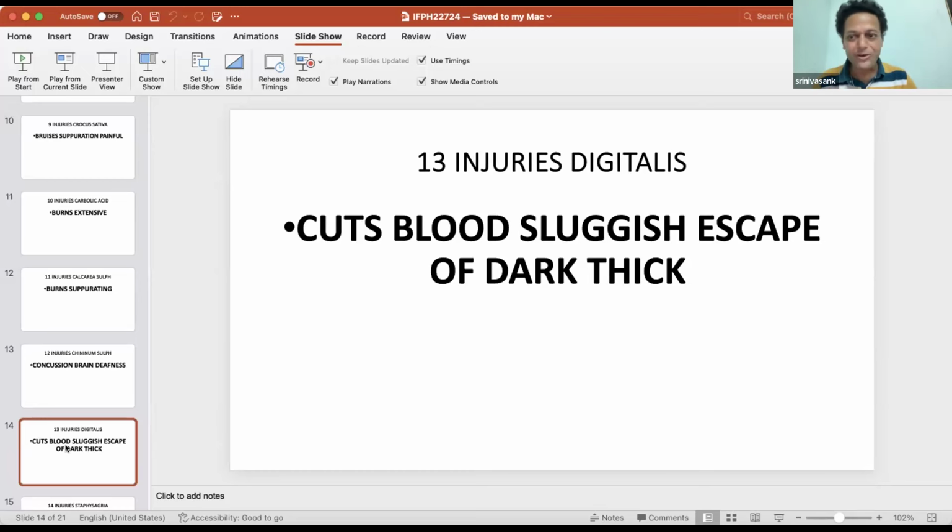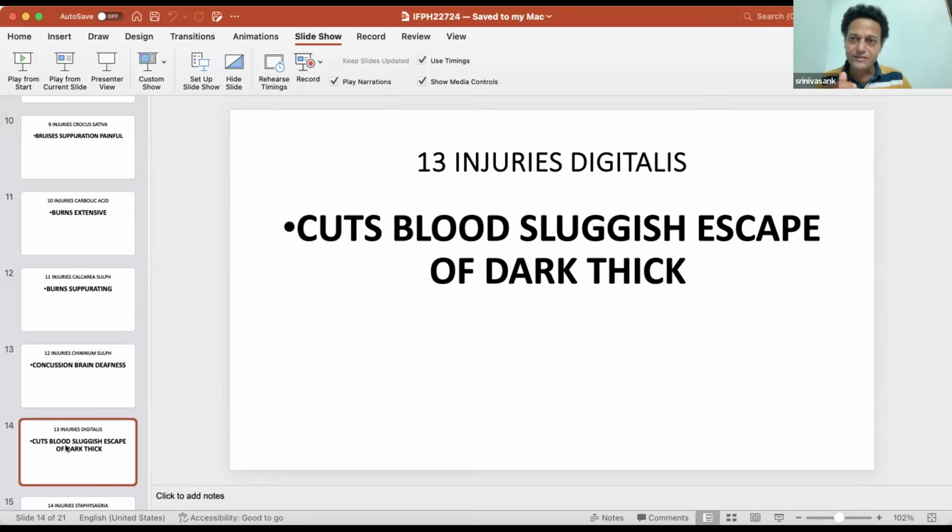Digitalis, we commonly think for heart and not more than that. Sometimes for prostate injury. See the minute quality of the symptom. Patient received a cut injury and patient told, sir, strangely, the blood is dark in color, it is thicker and coming out slowly.